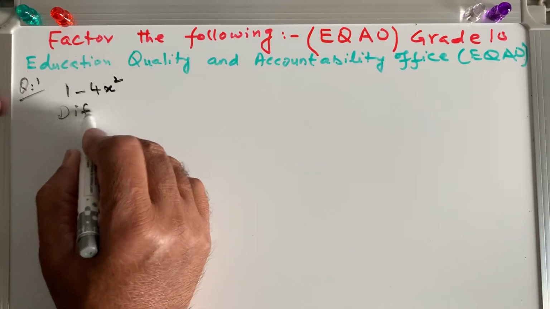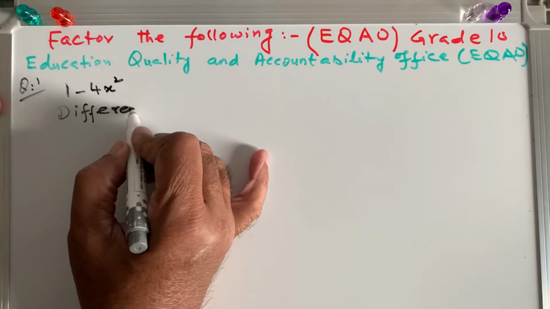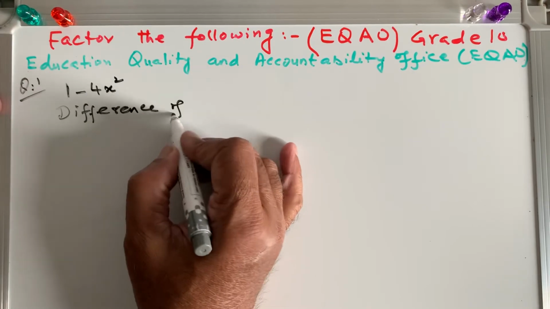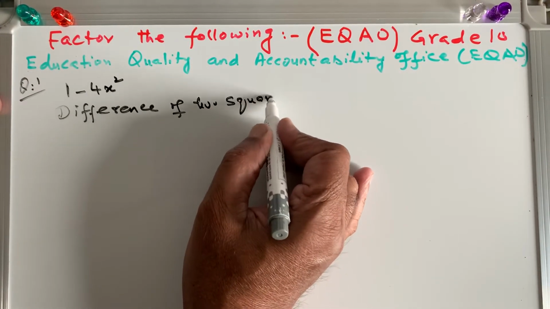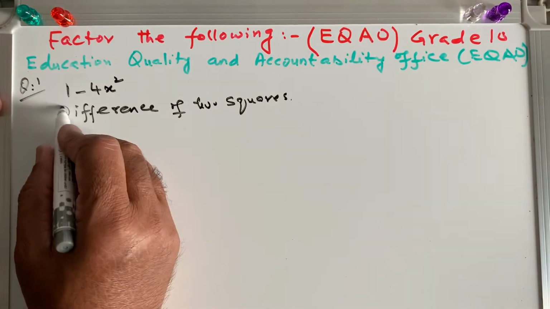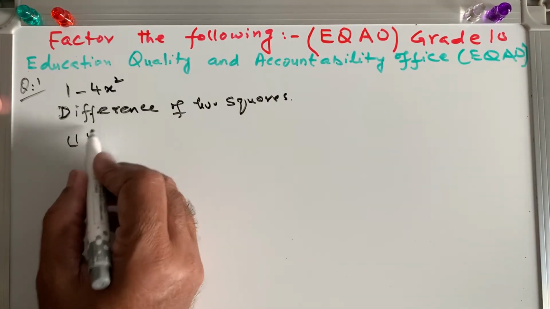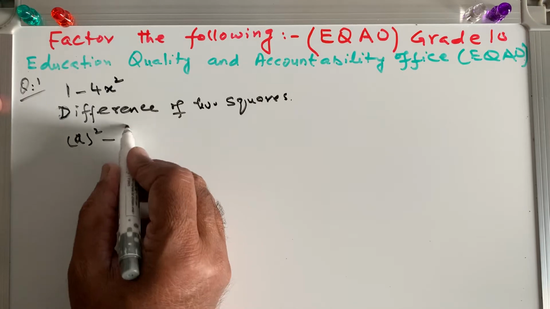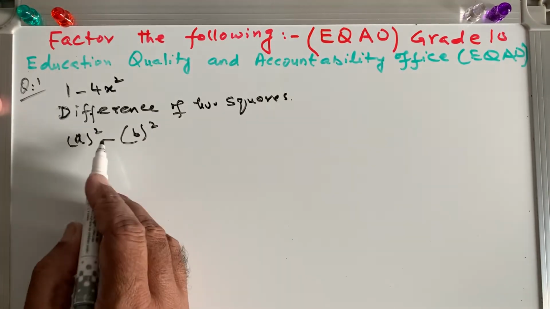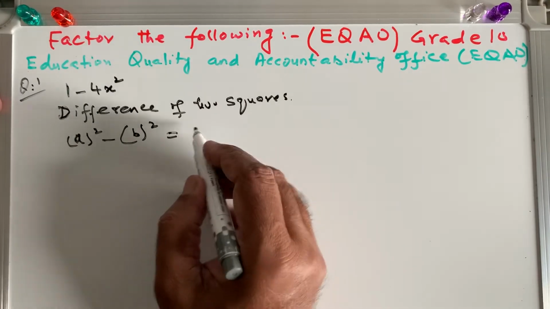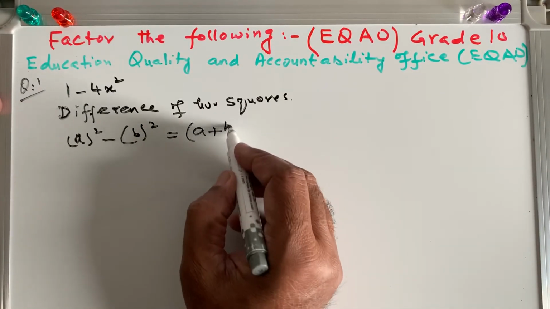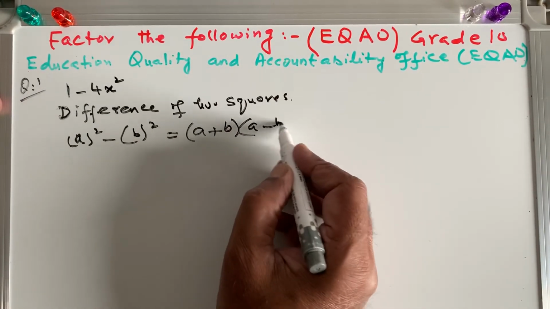The formula we learn is difference of two squares. So remember that if you have something like a square minus b square, this is the difference of two squares, and this can be opened up as one bracket a plus b and the other bracket a minus b.